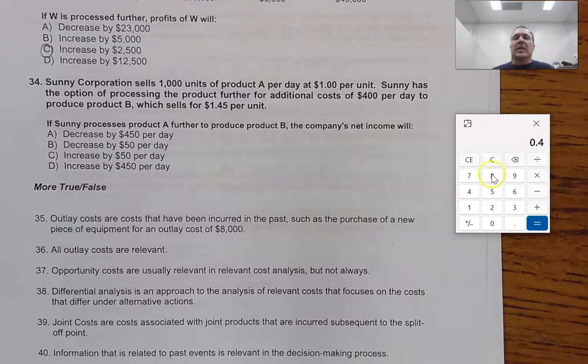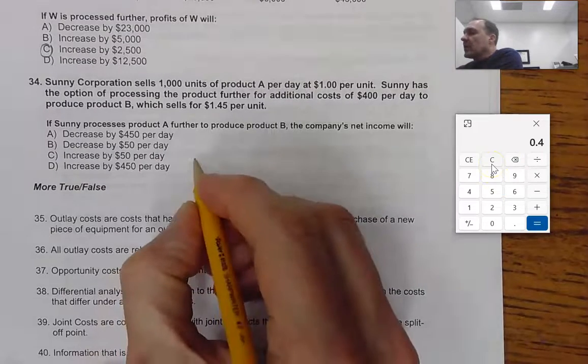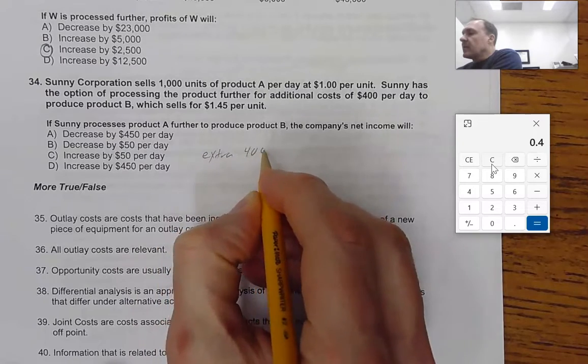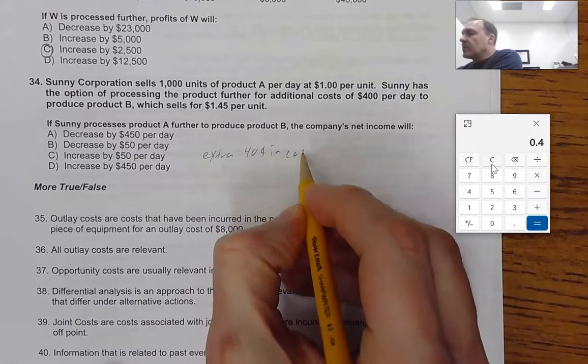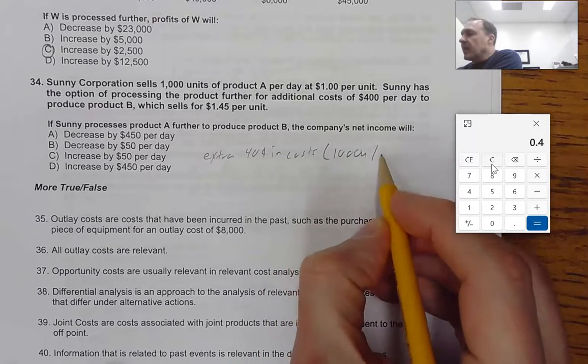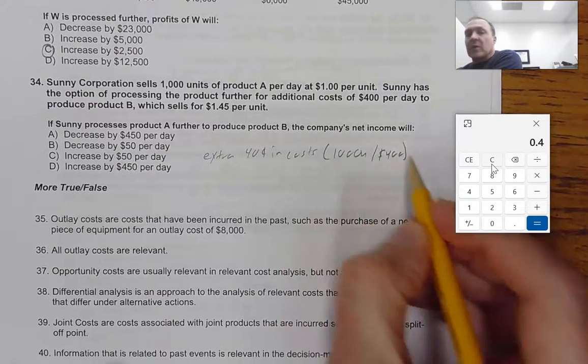Okay, so keep that in mind. Extra 40 cents in costs, $400 divided by 1,000 units. That's how we got there.